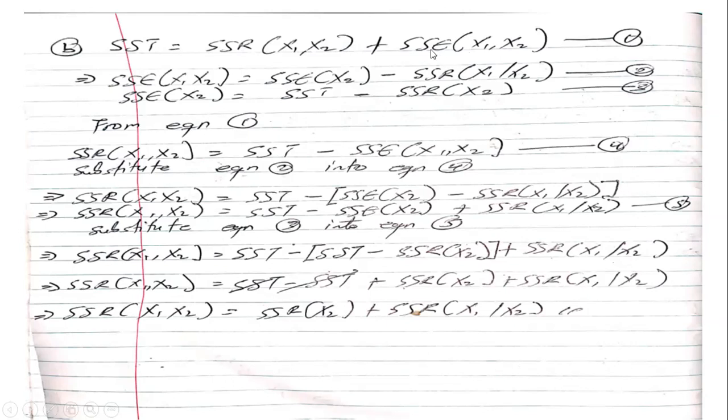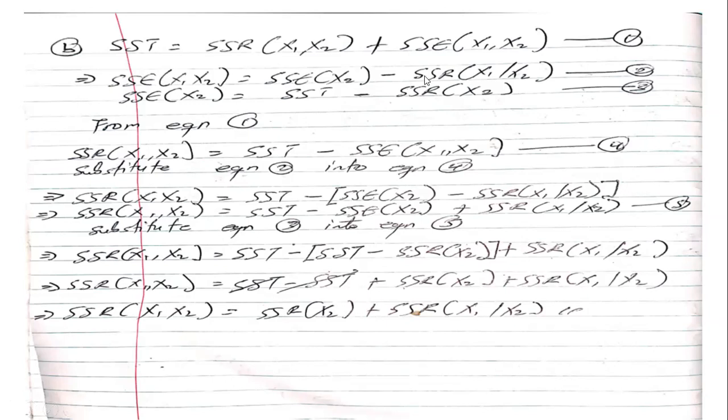This is how we estimate SSE. SSE for S1, S2 is equal to SSE of x2 minus SSR of x1 giving x2. Someone can also do SSE of x1 x2 equal to SSE of x1 minus SSR of x2 giving x1. When we do it different ways, we all end up getting the same answer.